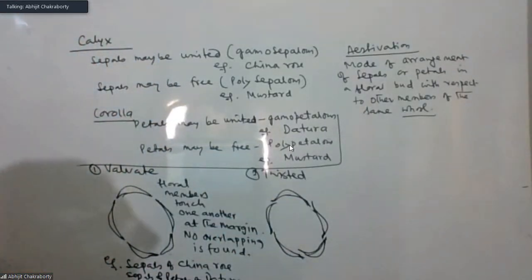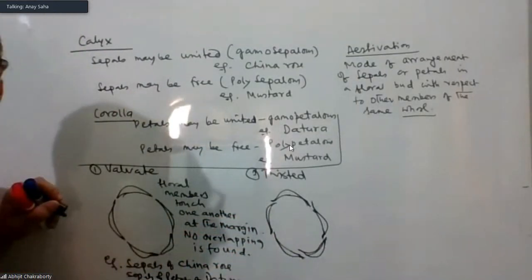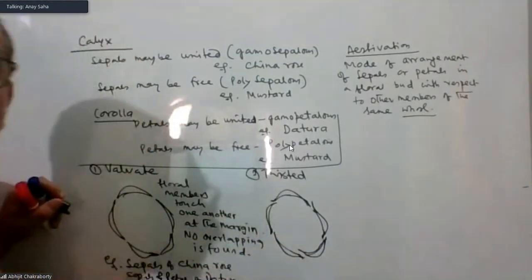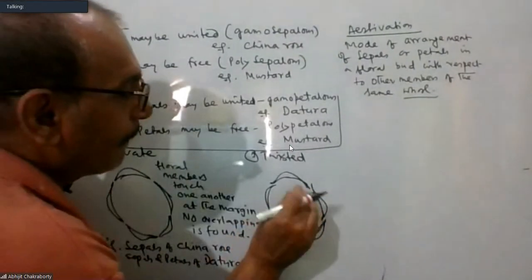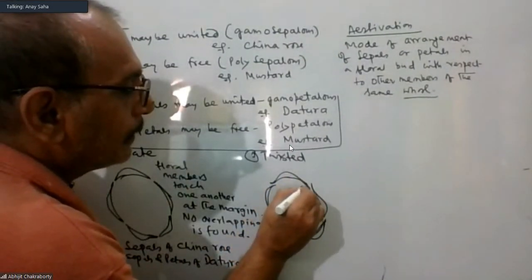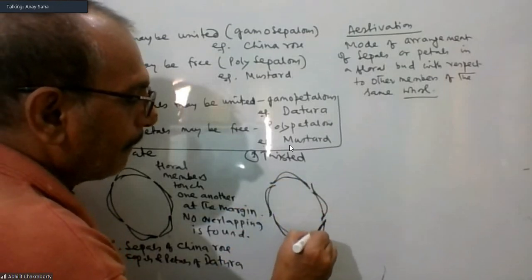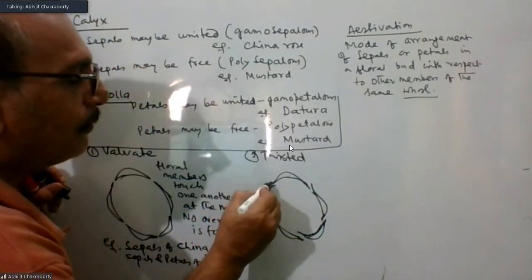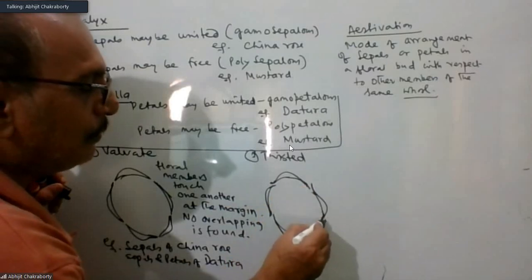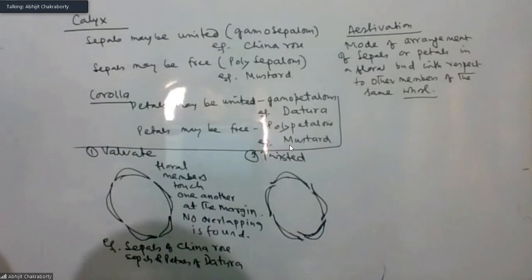In every member, one end is outside, the other inside: outside, inside, outside, inside. In this way you will get it in case of twisted.